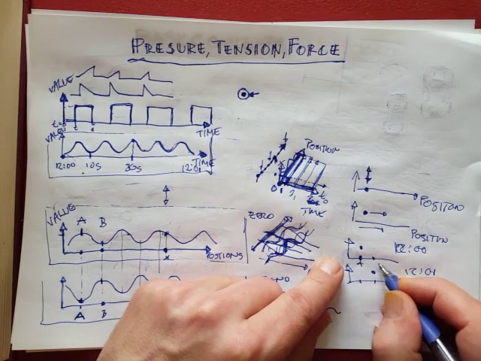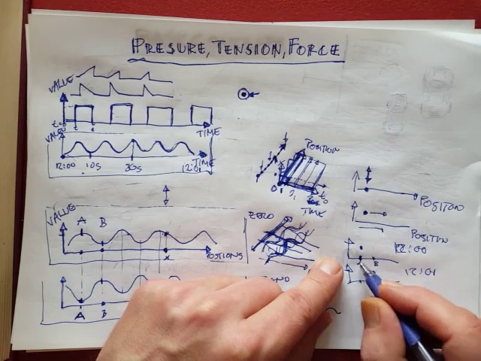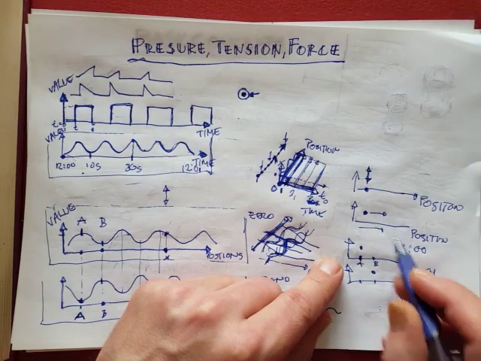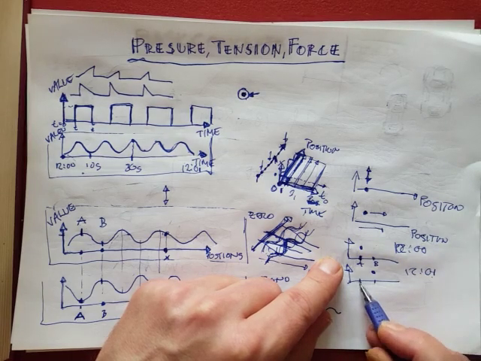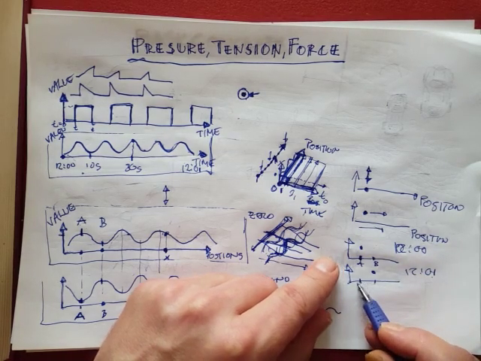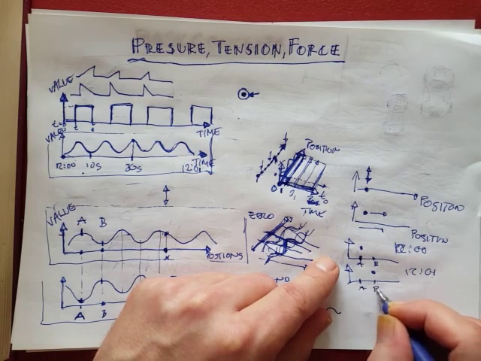So we have the A point and B point. There was a value here at 12:00, at the B point there was no value. At 12:01 there is no value at the A point, but now there is a value at the B point.